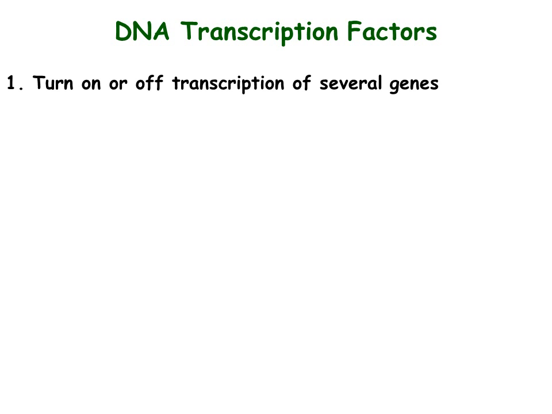DNA transcription factors are also important. They turn on and off transcription of several genes, and this is ultimately where it's at. By turning the genes on and off at the right time, the cells go to the right spot, they differentiate into the right type of cells, everything. And of course, turning on transcription is turning on and off synthesis of messenger RNA and ribosomal RNA so we can make the proteins.